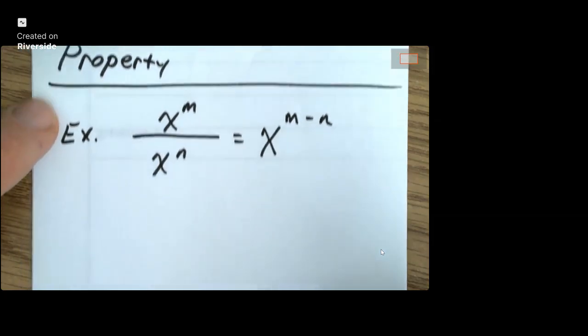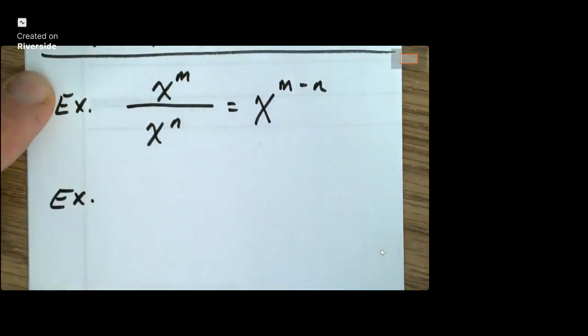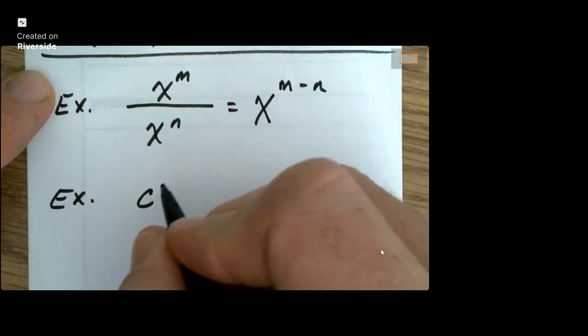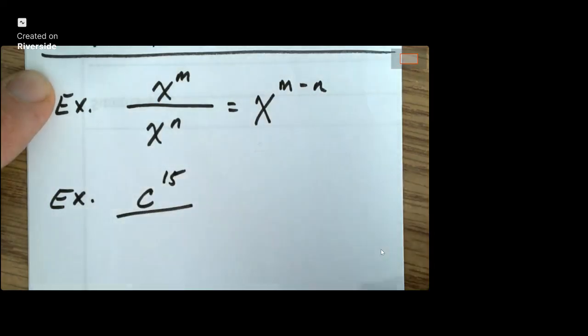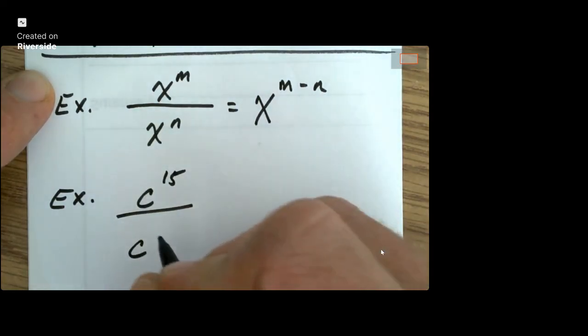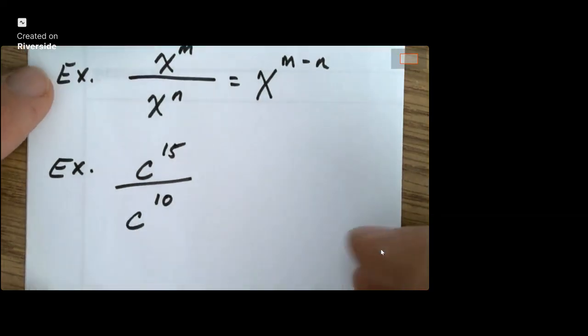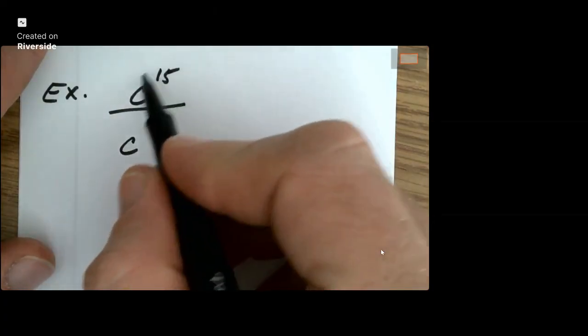So let's look at a few other cases of this. Let's look at an example with some variable expressions anyhow. Let's say we got maybe c to the 15th power divided by, let's say, c to the 10th power, okay? So we can use the quotient of powers property here because we are dividing, here's the division, right?